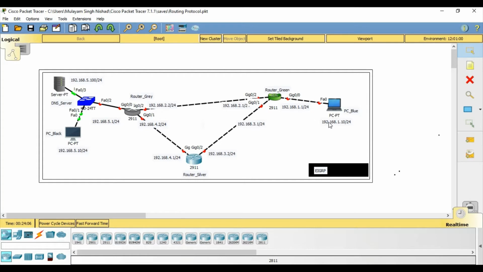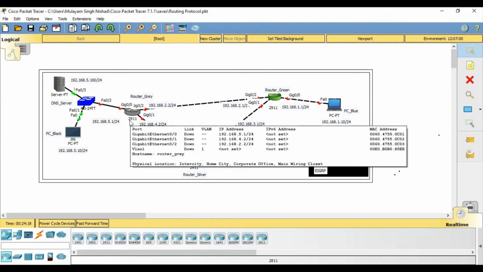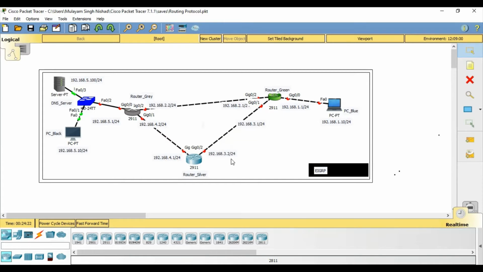Here I have configured IP addresses on this PC and this PC and on this server as well, but not configured any IP address on these interfaces. So what should we do now? Go to these routers and configure the IP addresses which are given there, on the interfaces one by one.